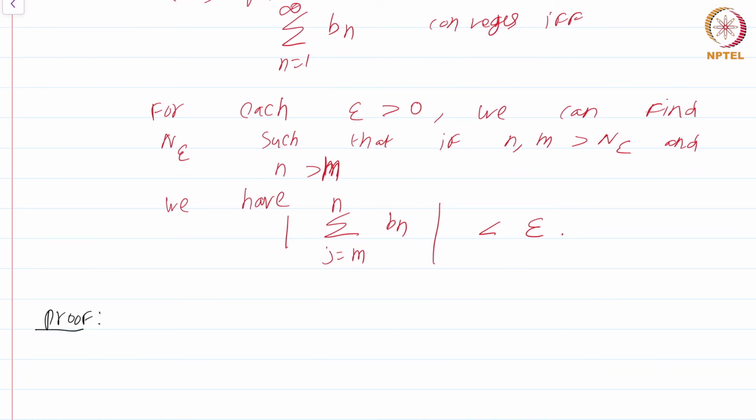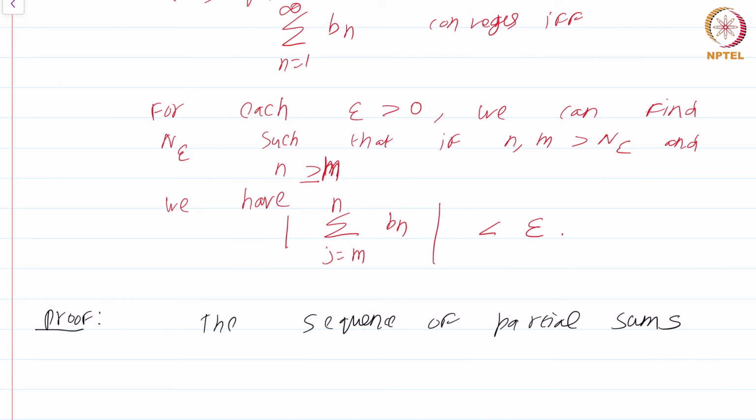Well, the sequence of partial sums, just one moment. Let me just, for increased applicability of this result, put n greater than or equal to m. Okay. Really, the sum still makes sense.